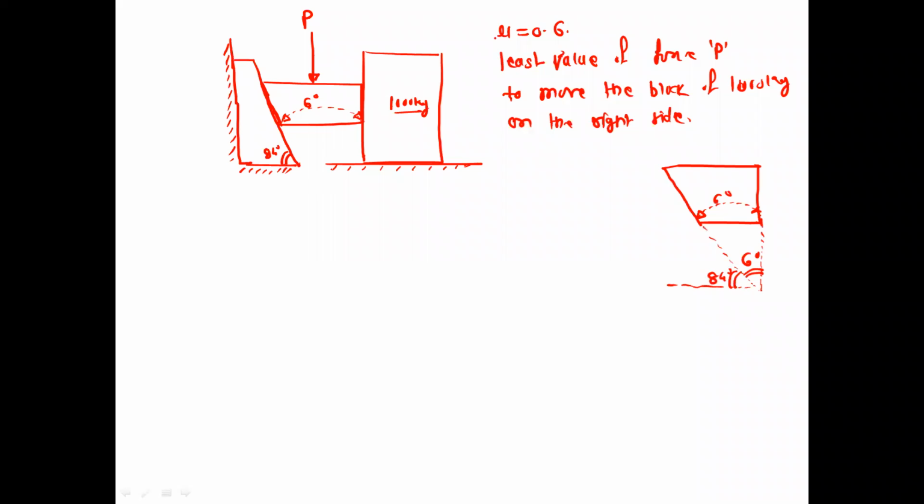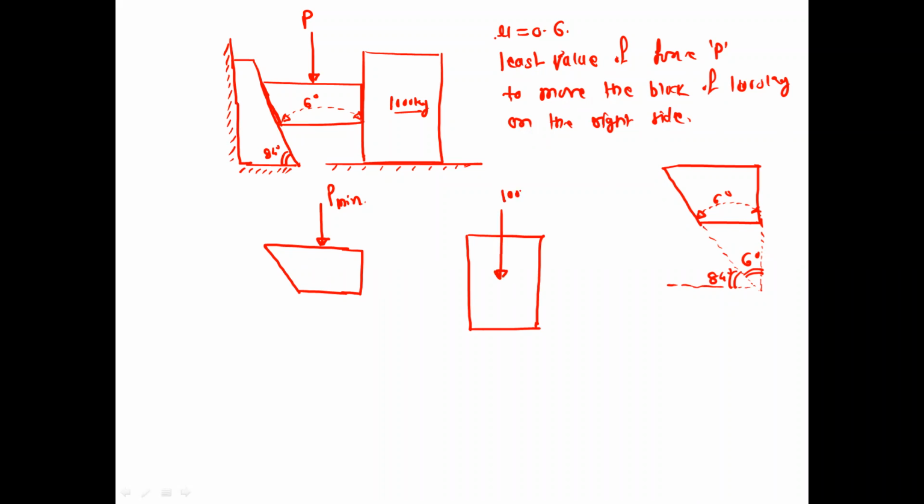Okay. So when you draw the free body diagram, so this is the wedge. This is the force P. So we have to find out the least value. So P minimum. Okay. And this is the block having the mass 1000 kg.